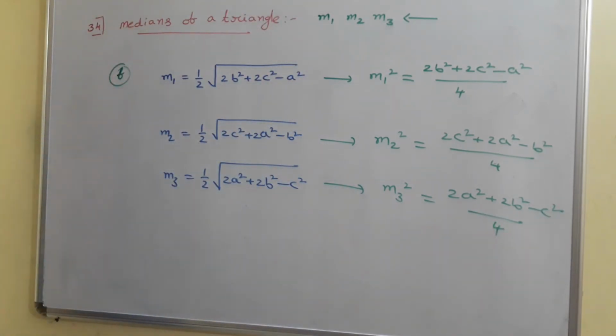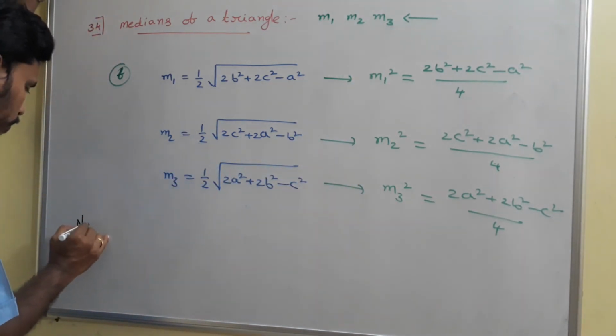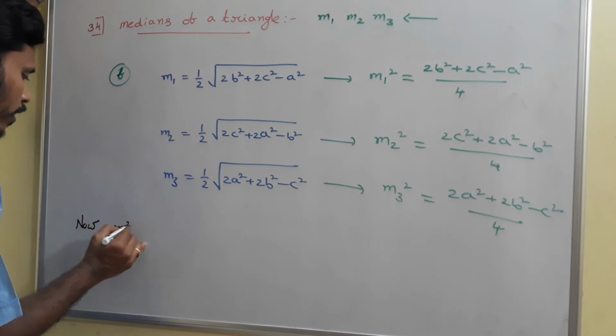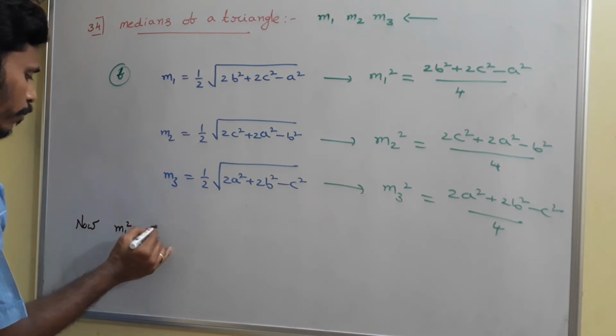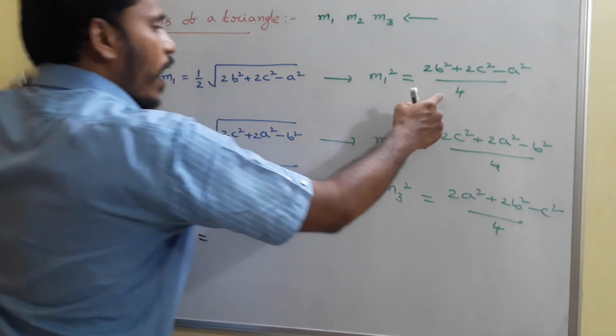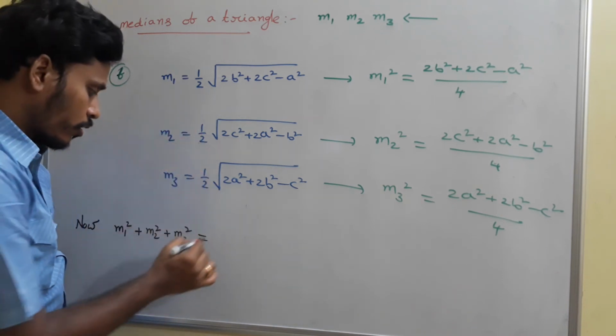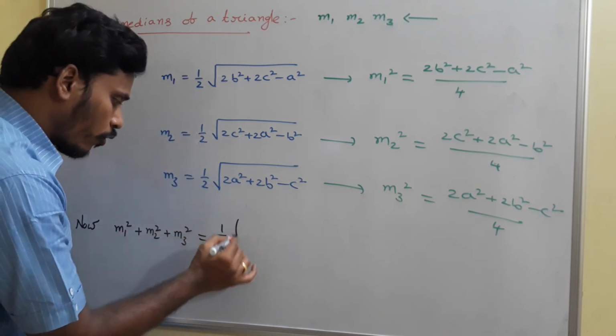Just square on both sides, and after that squaring, you need to add these three. Now, just have a look. M1 square plus M2 square plus M3 square. If you add these three terms, 1 by 4 is a common thing, so you just take out 1 by 4.